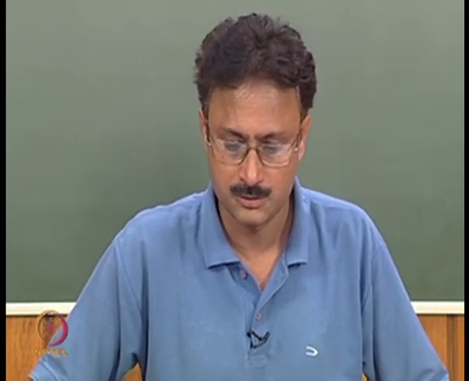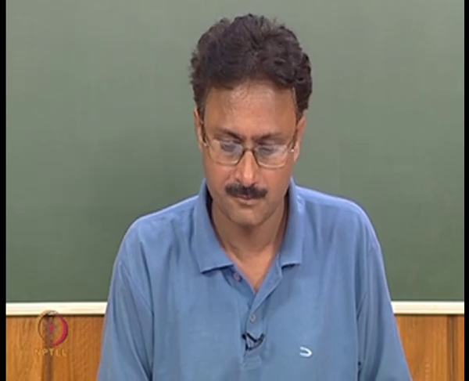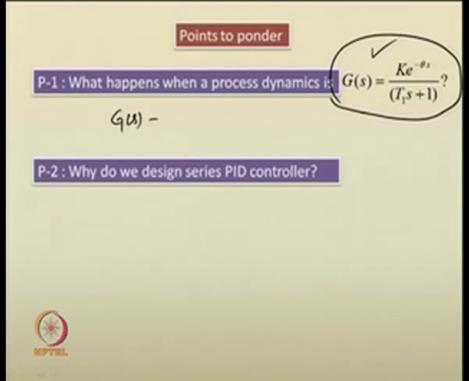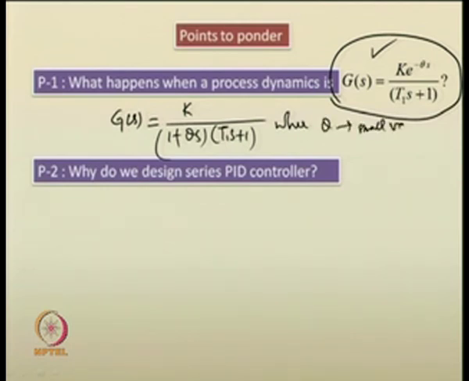Now, we will go to the points to ponder. What are some limitations of the method? What happens when the process dynamics is available in the first order plus dead time transfer function form? When the process dynamics is available in this form, one can always express it in the form of K e to the power minus theta s upon (T1 s plus 1), approximated as K (1 minus theta s) upon (T1 s plus 1), of course when theta is a small value.